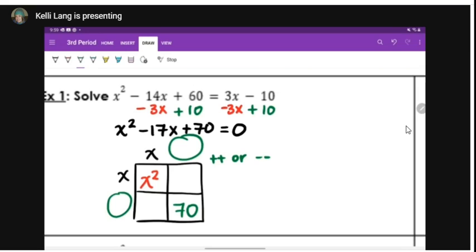And to equal 70, our list will include 1 times 70, 2 times 35, 3 times anything? No. 4 times anything? No. 5 times anything? Yeah, 5 times 14. And we can use a calculator on these if we don't have all of our multiplication tables memorized. What about 6 times something? Does that work?